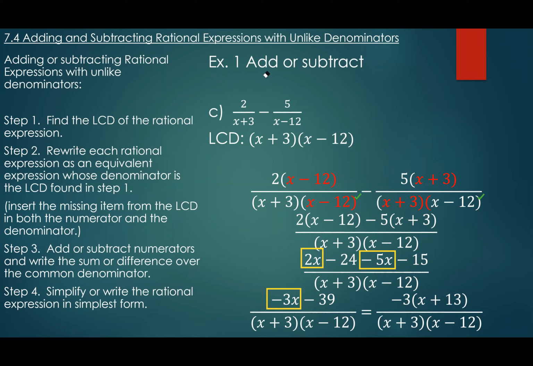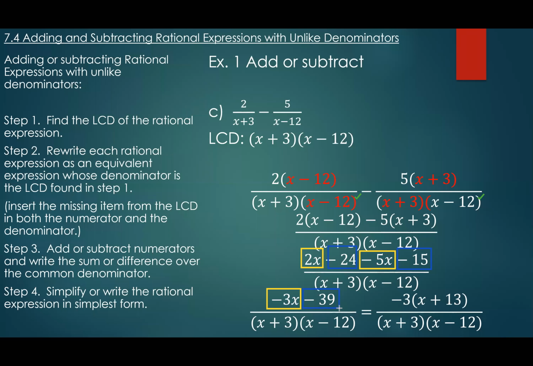So that's where my negative comes from. And my other terms, I have negative 24 and negative 15. They have the same sign, negative, so I combine them to give me negative 39. Again, 2 minus 5 gives me negative 3x, and negative 24 and negative 15 give me negative 39.